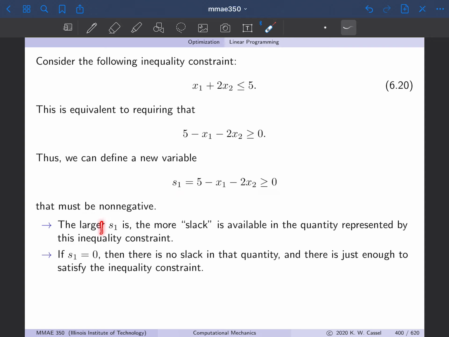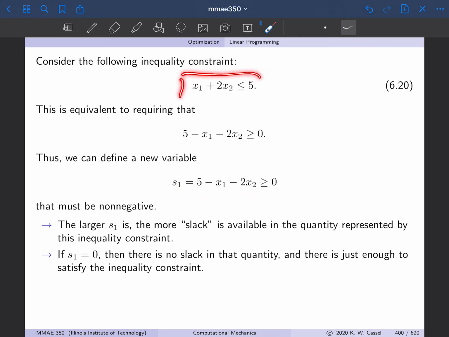Basically, S1 is taking up the slack available in the quantity represented by this inequality constraint. For example, if S1 happened to be equal to 0, then that would mean that x1 plus 2x2 was actually equal to 5, such that there was no need to take up any slack. So that's the basic idea.